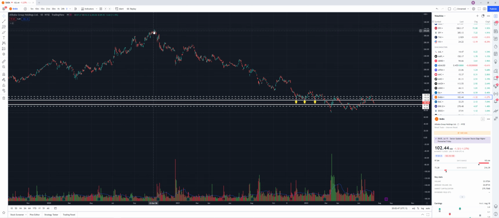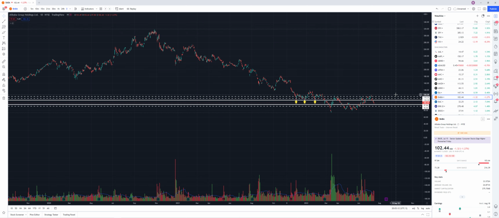When it was dropping, it kept coming down, and most of those major drops were due to the gap downs. So for it to be going back up, it needs to cross this $139 level, first of all, to get the bulls back in the game and move up from there.